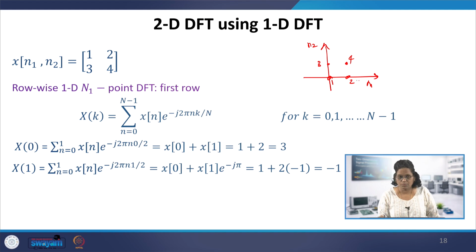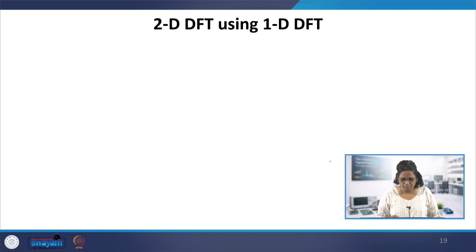The first row is taken and the 1D DFT is computed. This is the 1D DFT equation, familiar now, with small n varying from 0 to 1. Finding the DC results in 3, and bin index 1 gives minus 1. So the n1 point DFT results in 3 and minus 1.